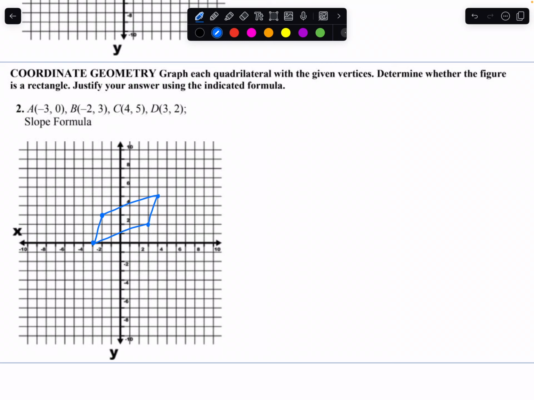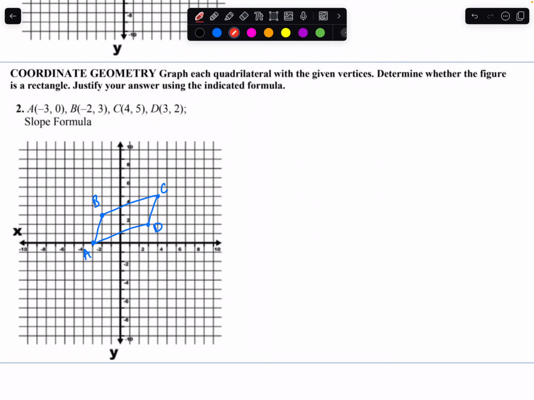Now, to use the slope formula, the way that we're going to do it is we're going to first identify the points that we're working with. This point is A, this point is B, this point is C, and this point is D. A rectangle forms 4 right angles. And the way we use slope is that when the slopes are the same, it forms parallel lines. But when the slopes are perpendicular, right?